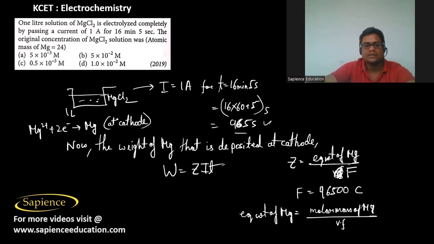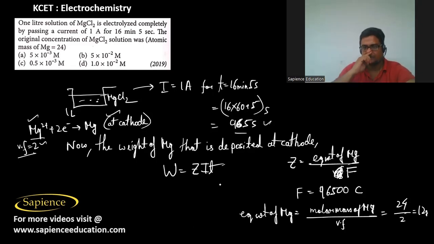So at the cathode, magnesium ions will be reduced to magnesium atoms. So therefore the valency factor for magnesium is 2. So the equivalent weight of magnesium is the molar mass, which is 24 gram, divided by 2, that is equal to 12 gram.